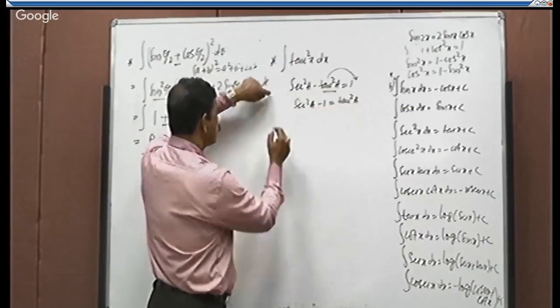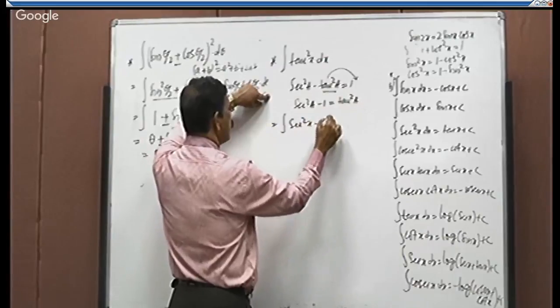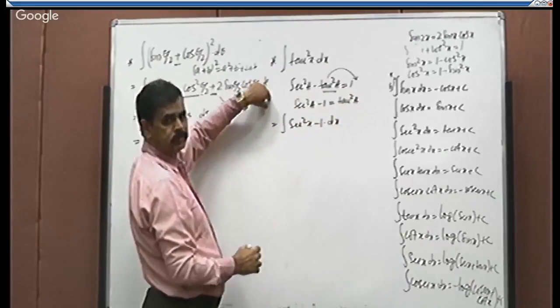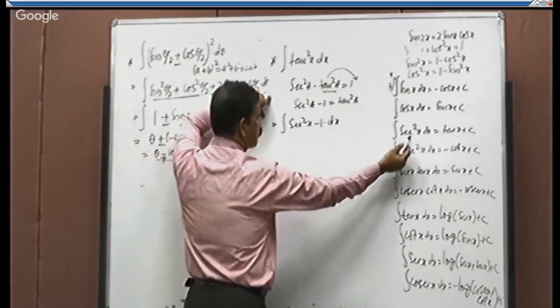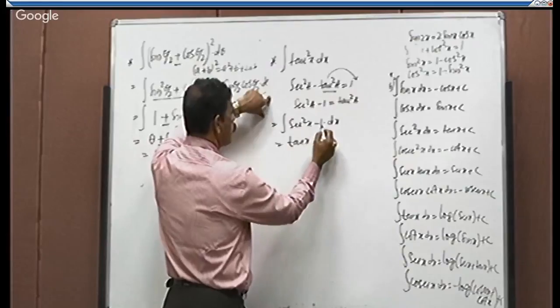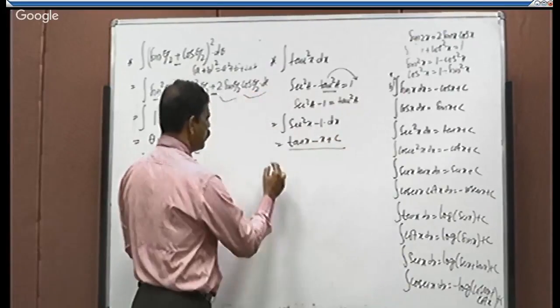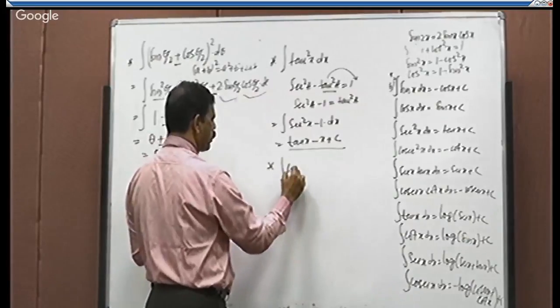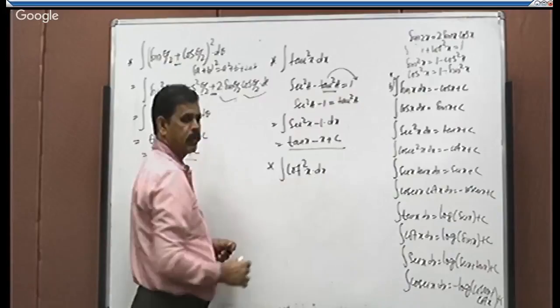Therefore, change this tan square x into secant square x minus 1 into dx. Right? Integration of secant square x is tan x. Integration of 1 is what? x plus c. Right? In the same way, we can go for cot square x.